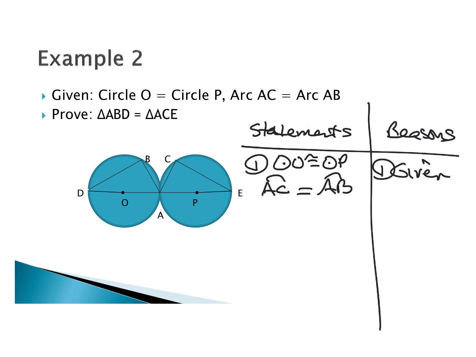Because I just showed that these two arcs are congruent, I could also state that their chords are congruent. So AB congruent to AC. And again, that's the congruent corresponding chords theorem.